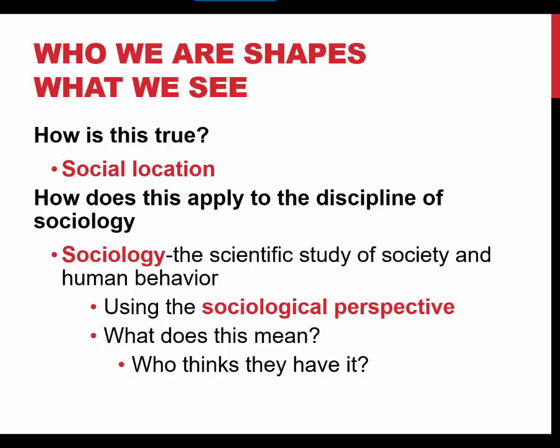And this is how this relates to the discipline of sociology, because this goal of trying to understand society and human behavior is taking into account that our own experiences and our own perspectives of society can be very influenced by our social location.